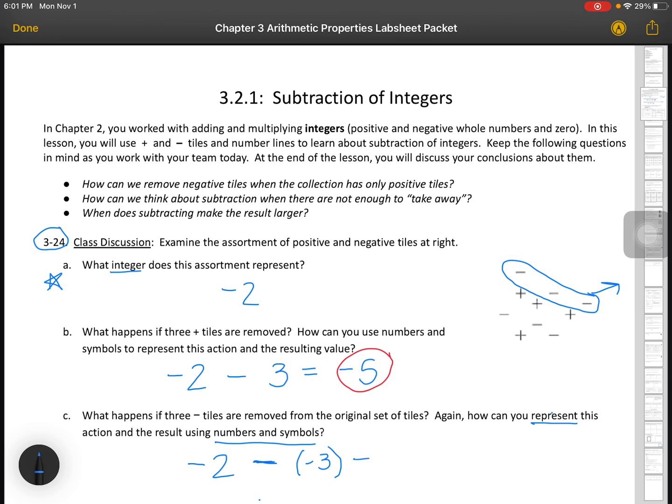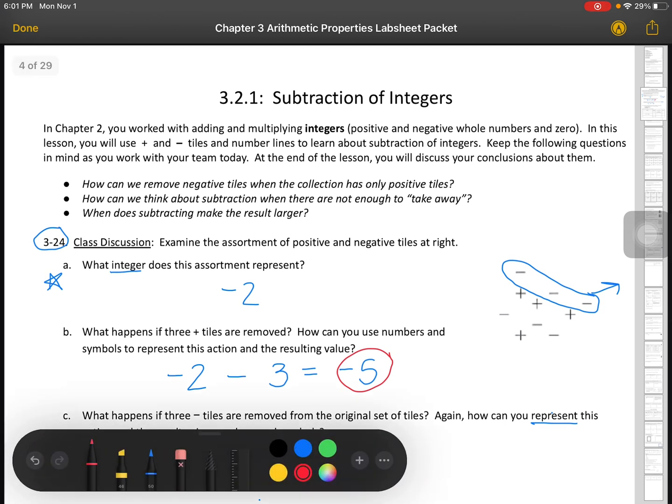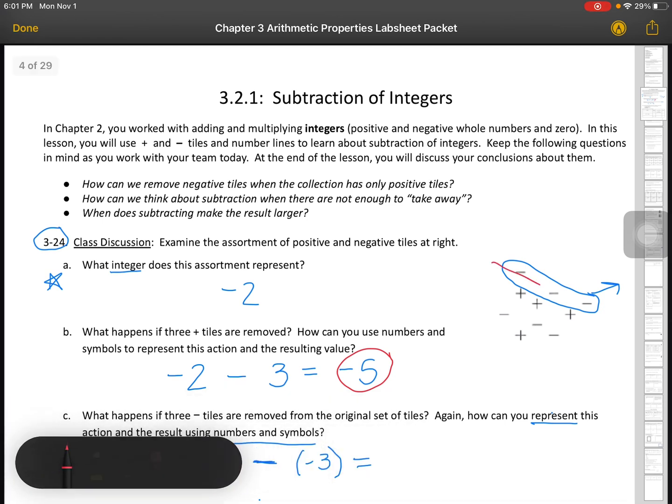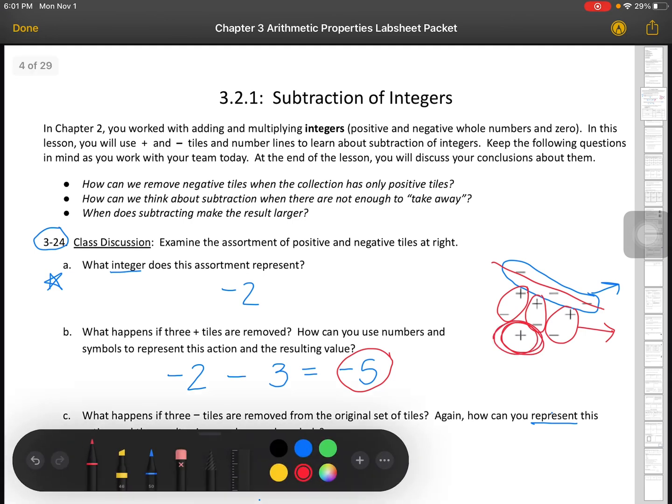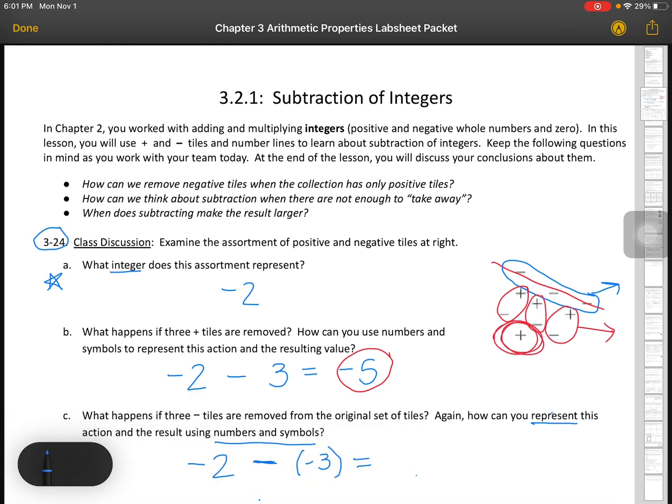And now I want to know, what am I left with? So again, I'm going to change colors so it's a little bit easier to see. These are gone. And I want to make some zero pairs with what I'm left with and simplify it. So I can get rid of all 3 of these, and I'm left with just a +1. So when I take a look at my problem down here, I can say -2 minus, or take away, a -3 will give me a +1.